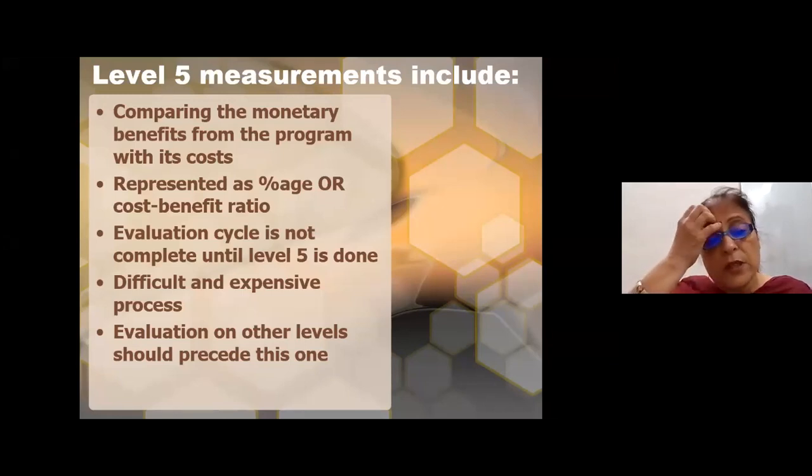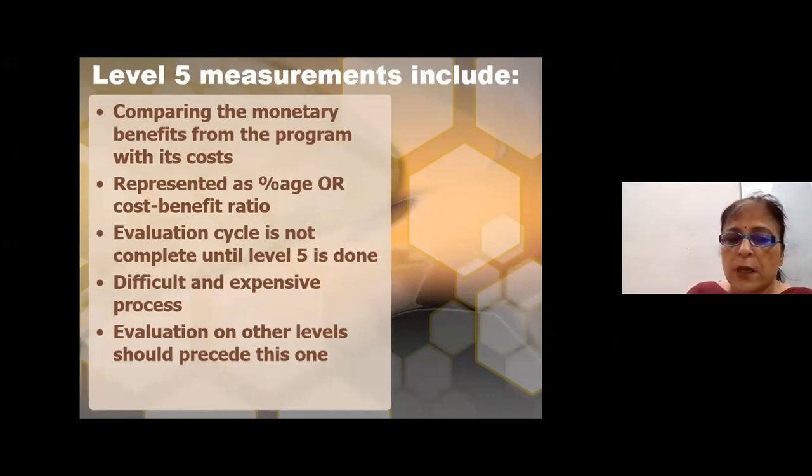And the evaluation cycle is not complete until level 5 is done. So that is the condition in the ROI model. You have to go through all the levels, and level 5 must be done, otherwise it is not complete. This level 5 measurement is a bit difficult and expensive process, and evaluation on other levels should precede it.